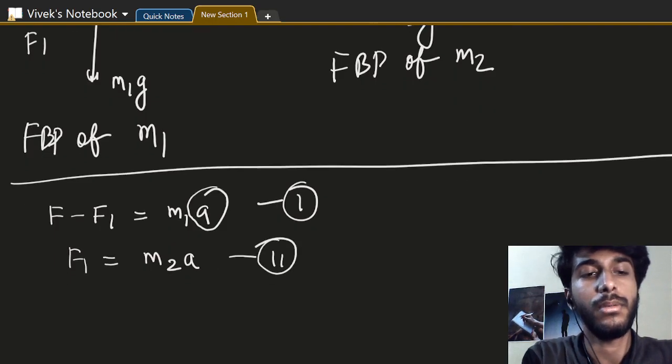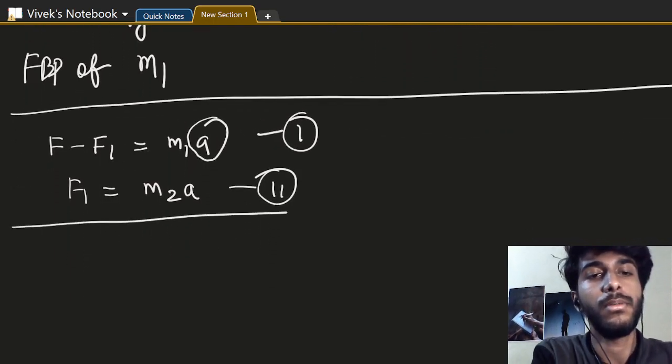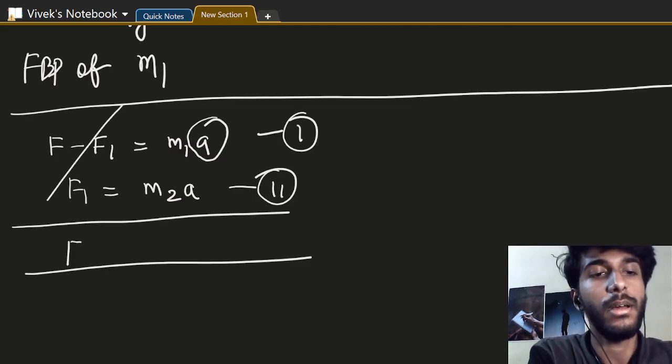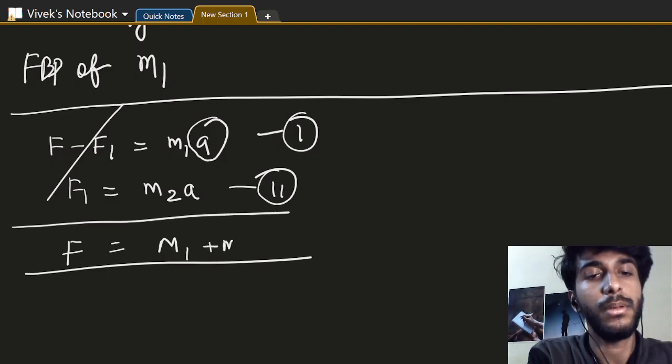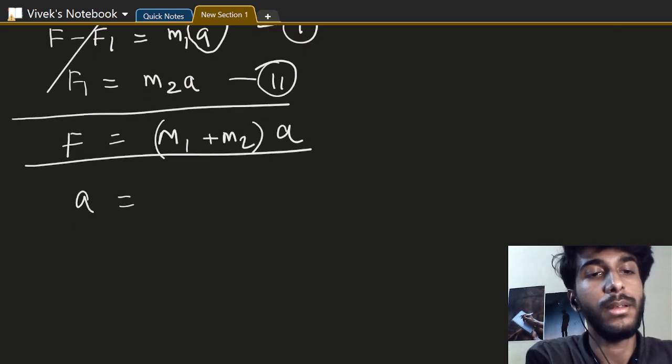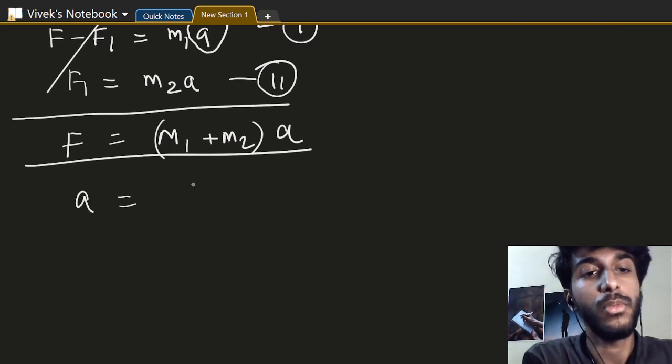This is the second equation. Now if we add both of these equations, F1 gets cancelled, and F equals m1 plus m2 multiplied by a. So now we got the acceleration with which both bodies will move after the application of force, that is F by m1 plus m2.